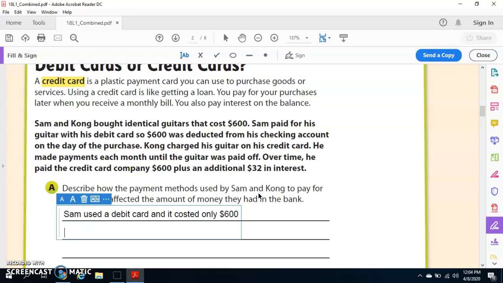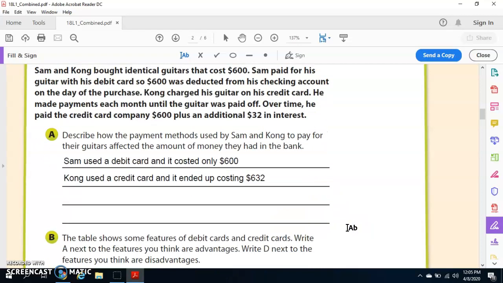Whereas Kong used a credit card and it ended up costing $632. Okay? Now, sometimes it's not quite so bad. Sometimes it's a little more. You just have to really depend. Okay? So, all right, there we go. That is how that is done.